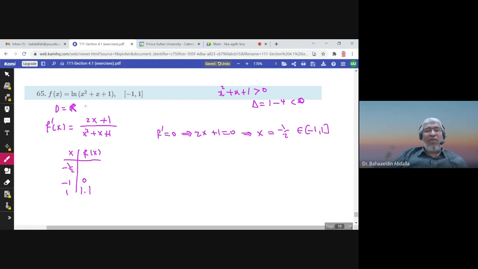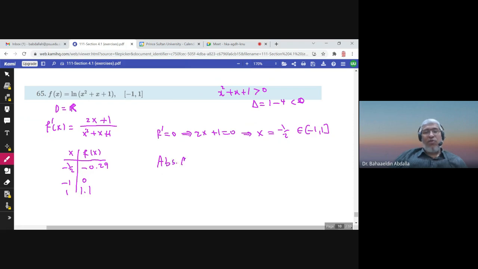If I replace x by negative half, negative half to the power 2 is 1 over 4, minus half plus 1, that's plus half. And if I find ln of this number, I get negative 0.29.